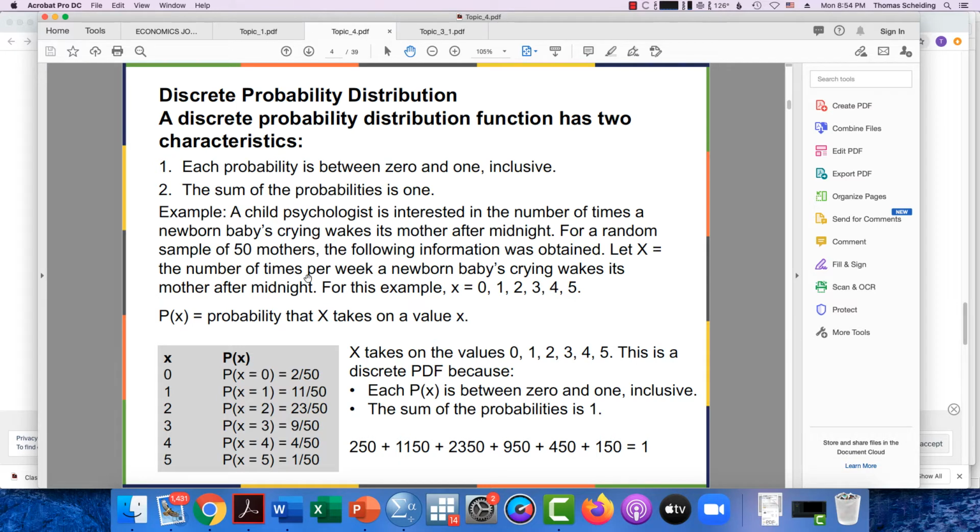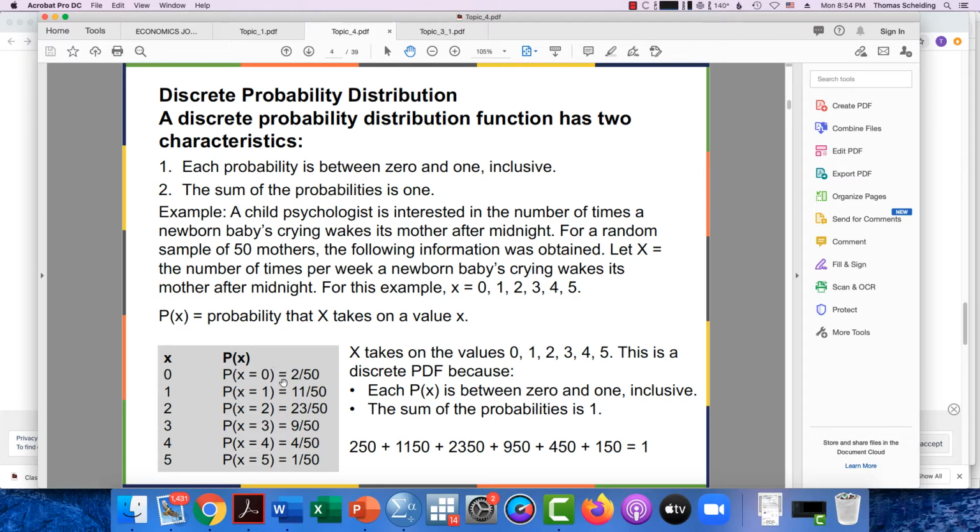how many number of times a week a newborn baby crying wakes its mother after midnight, and in the data we know it's going from 0 to 5 in terms of the observations that we had, that for 0 times it happened 2 times out of 50 for the 50 mothers, 11 times out of 50 where the mother was woken up once, and so on all the way to here.